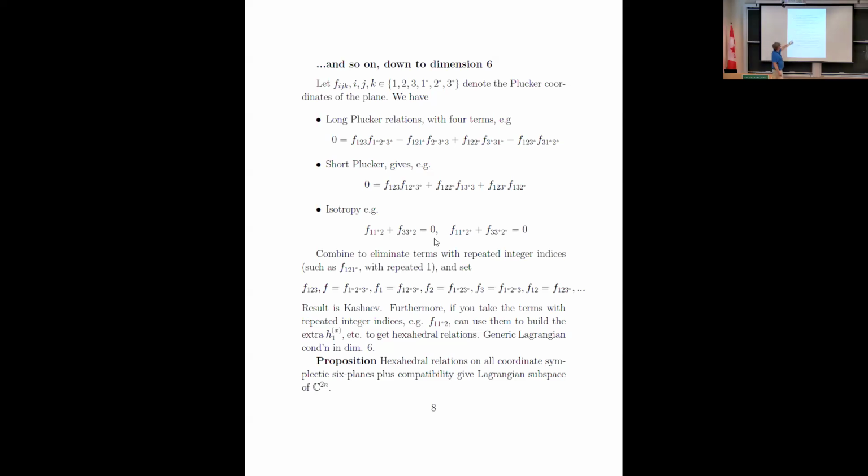And so in the end, once you've done that, you have 1, 2, 3, 1 star, 2 star, 3 star, 1, 2 star, 3, and so on. Right? This is the notation. And once you do that, you're going to get, in the ideal generated by these things, the Kashaev relations. The extra ones that occur for the hexahedral relations, the Kenyon and Pemantle, you just use the remaining terms, the things you sort of got rid of, and you get the hexahedral relations.